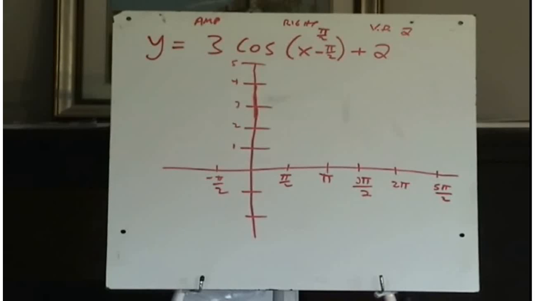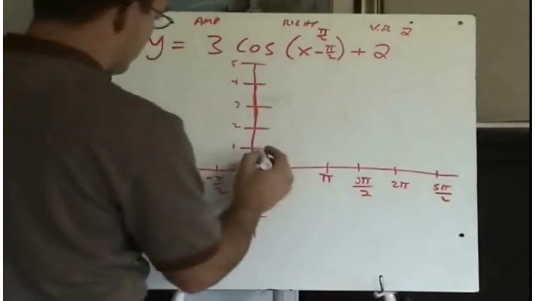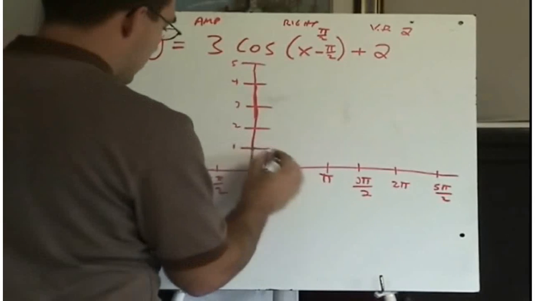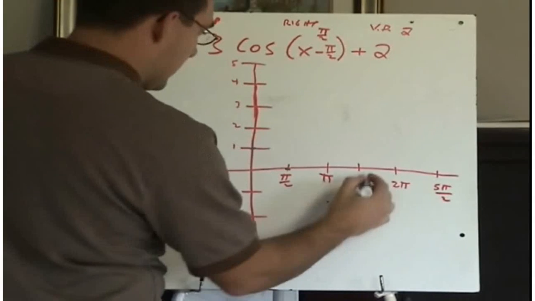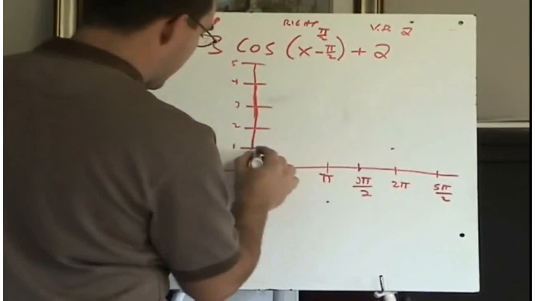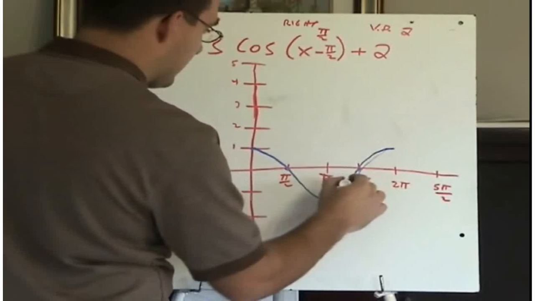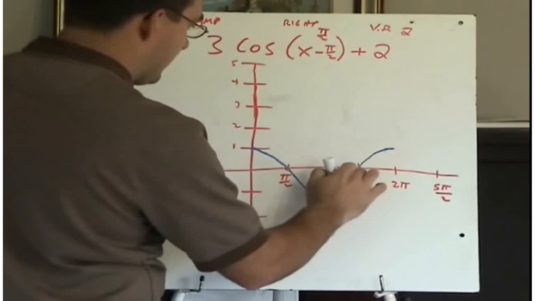So if I were to graph this function, let's start with a basic cosine graph. By now you should be good at drawing the basic cosine graph. Alright, so there it is here.